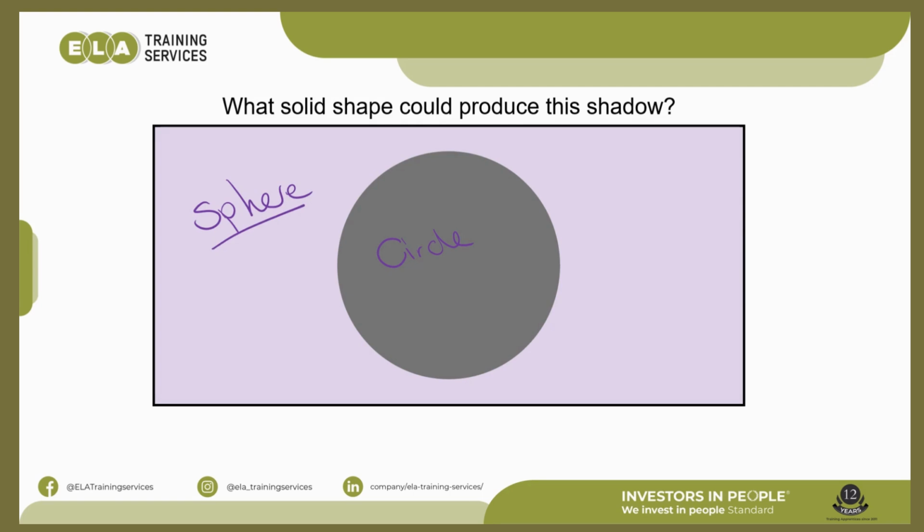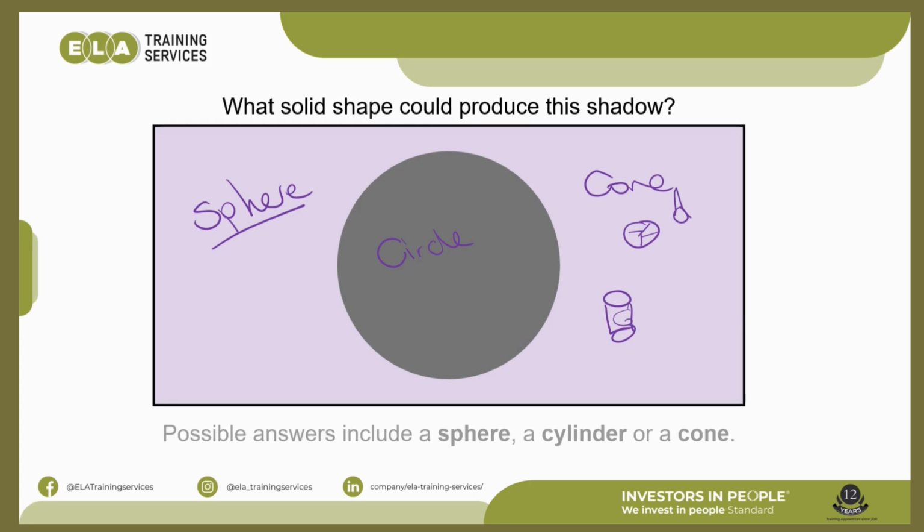It could also be a cone, where the bottom is a circle and it all meets at one point at the top. So the side view would look like that. Or it could be a cylinder, where you have a circle at one end, it's joined up by a rectangle folded all the way around, and a circle at the bottom. There's lots of options.